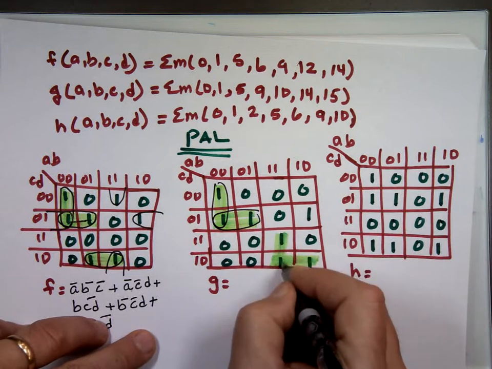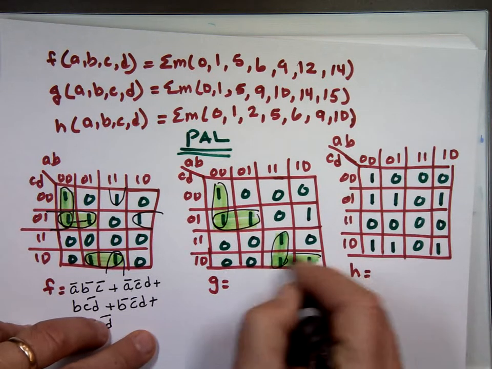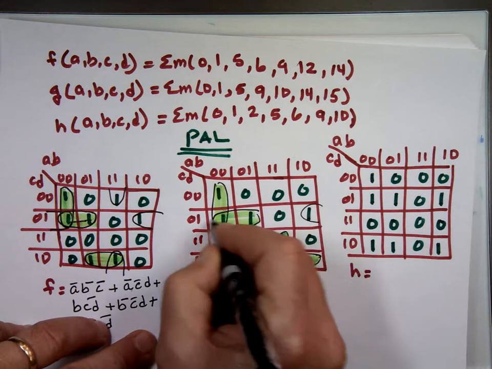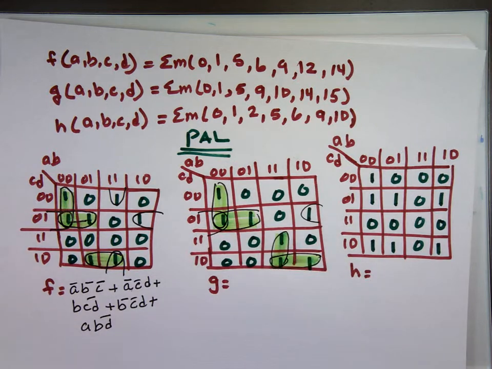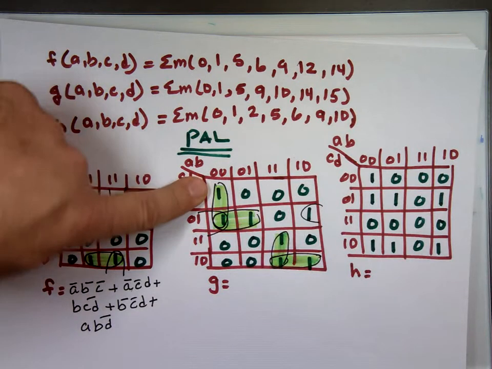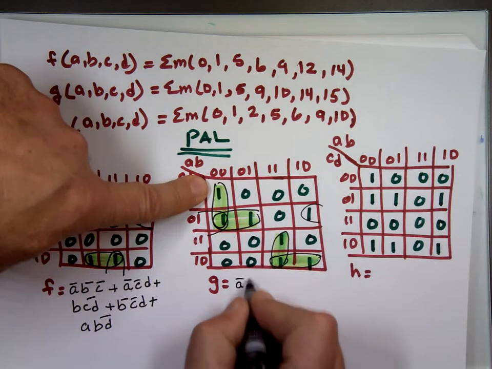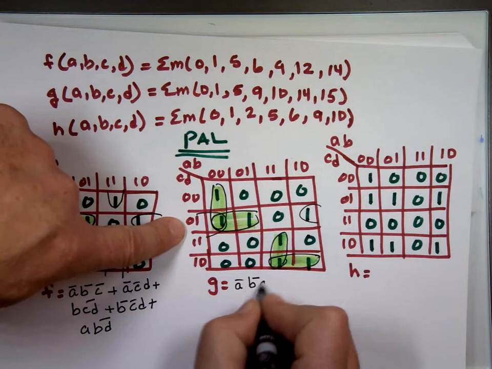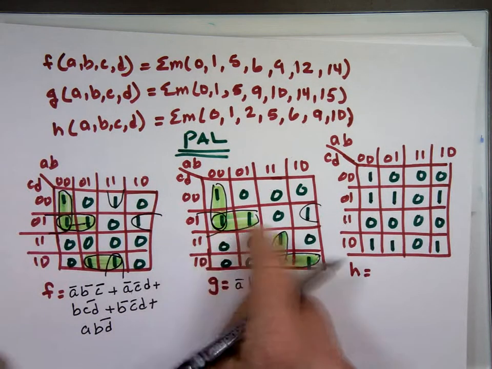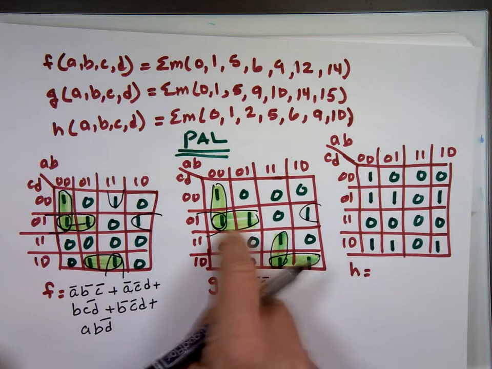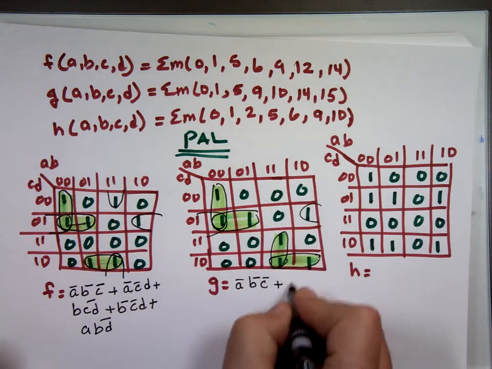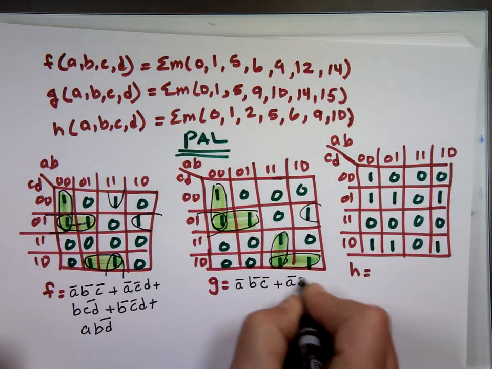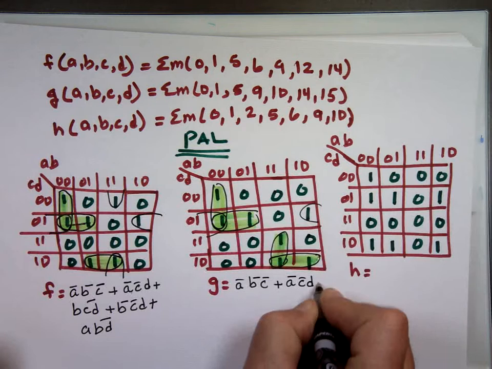There's one group, and maybe the one with the one. So the first one, A naught, B naught, C naught, plus this one, A naught, C naught, D. It's the same thing. Yep.